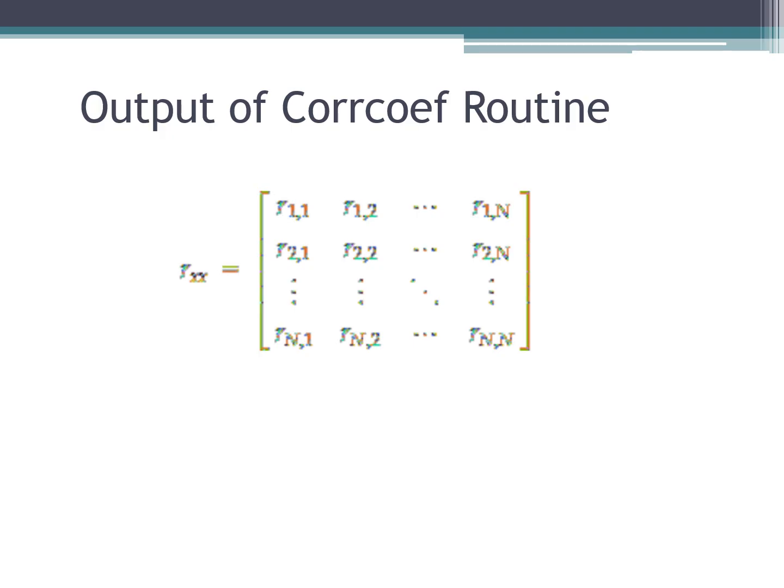For example, R12 is the correlation between signal 1 and signal 2, whereas R21 is the correlation between signal 2 and signal 1. And you can see the correlation of signal 1 with signal 2 will be the same as the correlation between signal 2 and signal 1. Therefore, this matrix will be symmetrical about the diagonal.